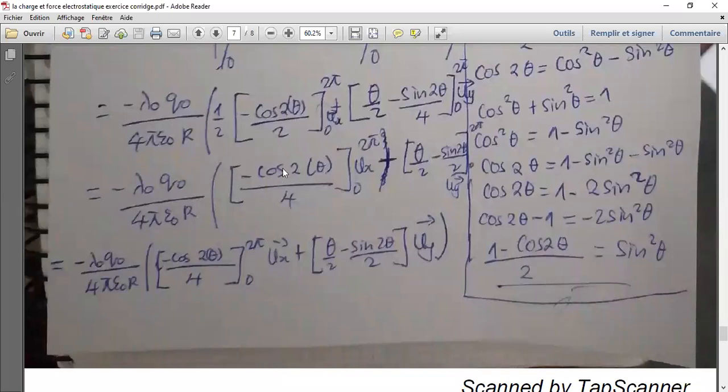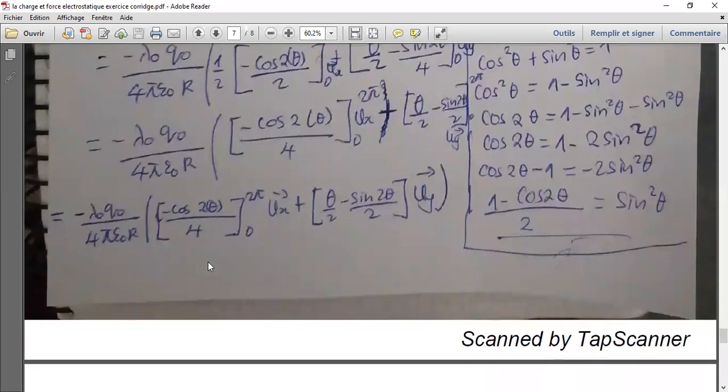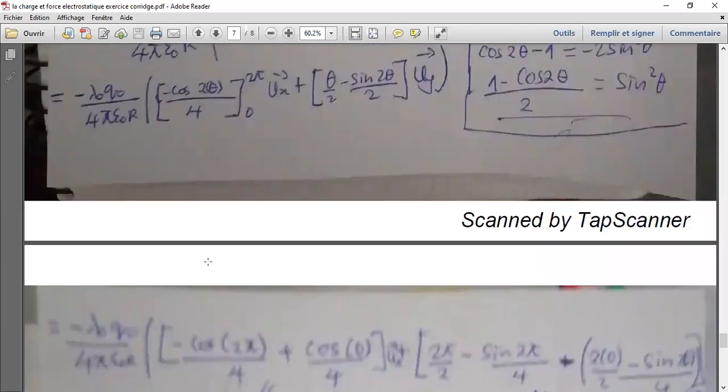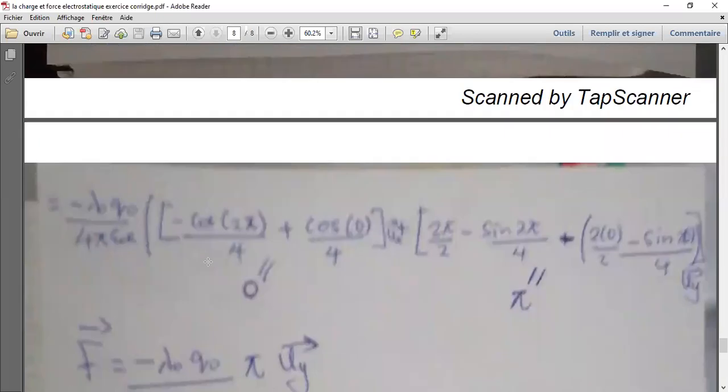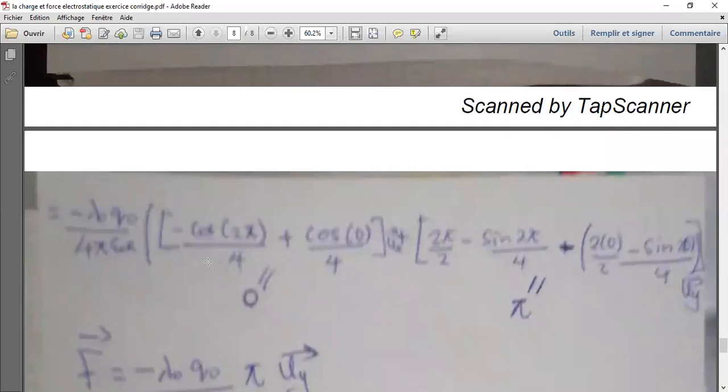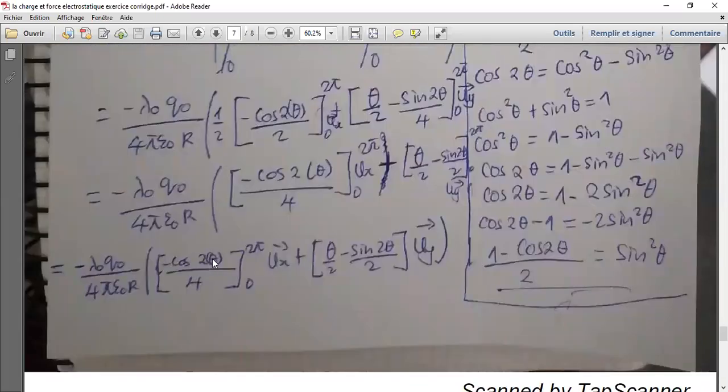So basically, that's how you integrate it. After you have done your integration, now just replace where there is theta with these values, since it was supposed to be 0 to theta.